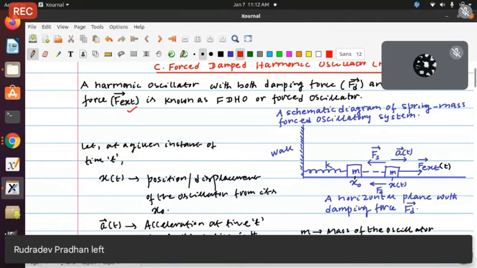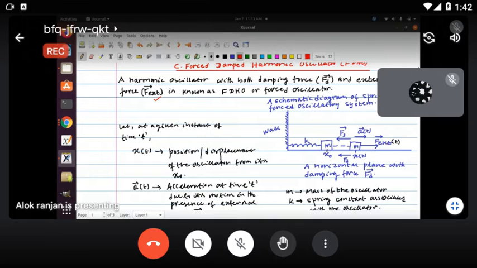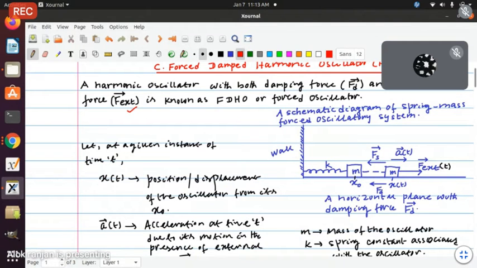To get oscillation, this external force should not be unidirectional, because then the oscillator would keep moving to the right until the spring is broken. So the direction of the external force should be back and forth, so that the oscillator oscillates around the mean position.